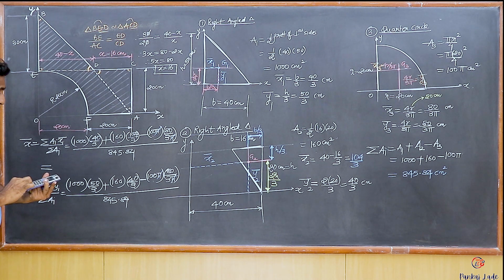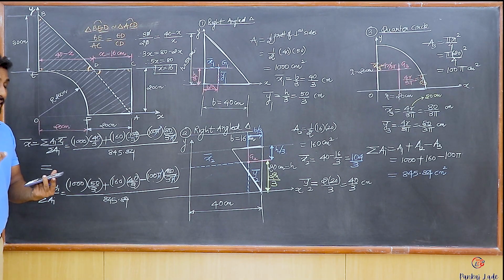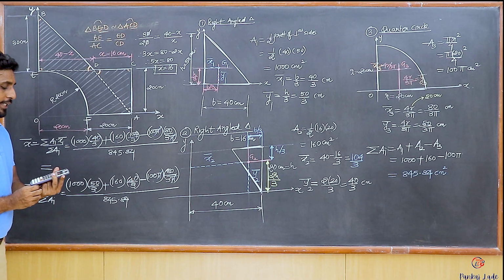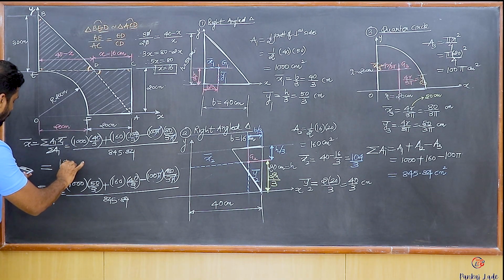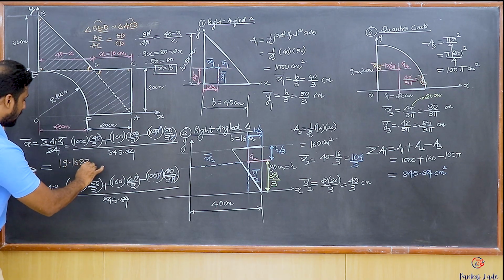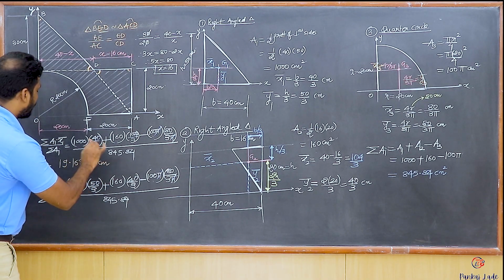That's my numerator. This needs to be divided by 845.84. So the answer is coming 19.16832. So I can write my answer as 19.16832 centimeters for x bar.